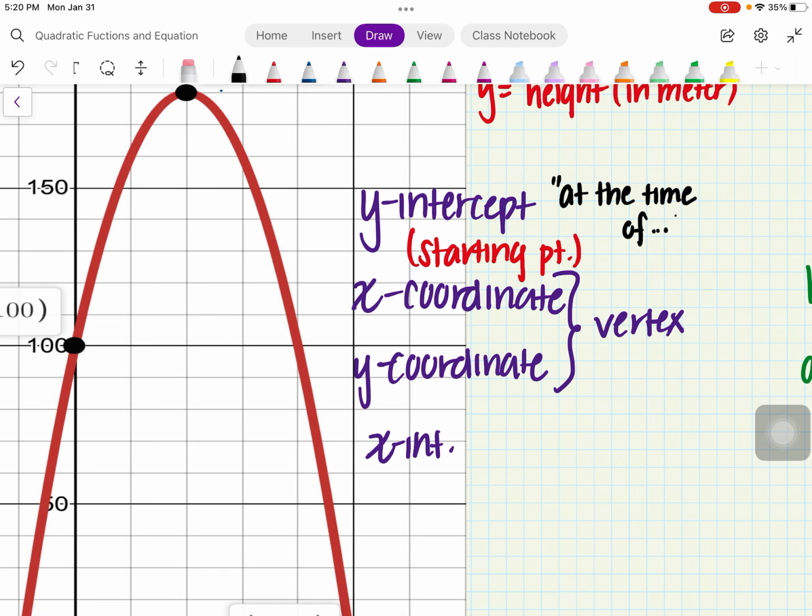So if you see that in one of your word problems, then it's most likely asking us to identify the y-intercept. And in this case, guys, the x-intercept represents the end. And a phrase they use is something related to ground level. So hit the ground, reach the ground, anything that talks about a ground level.